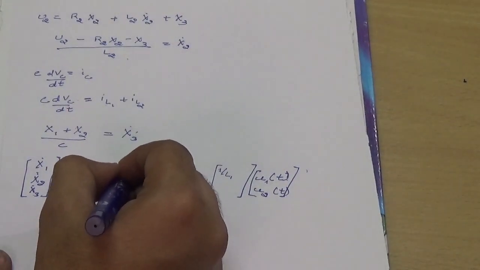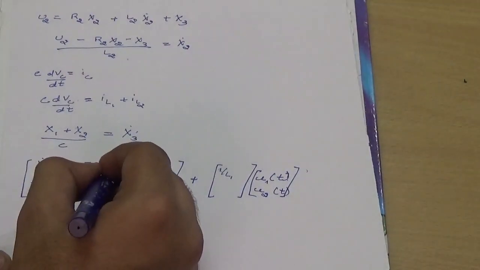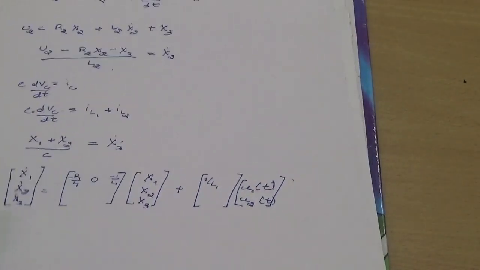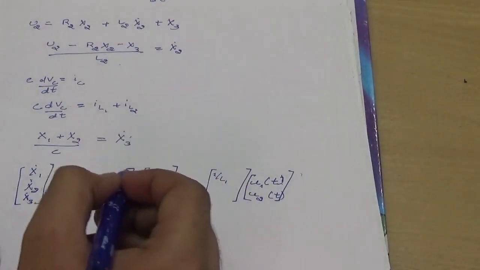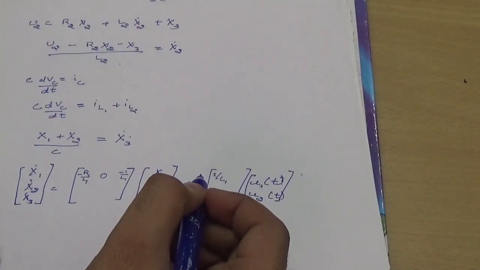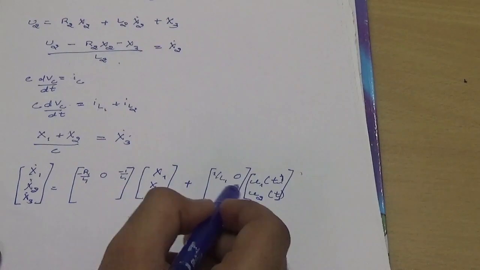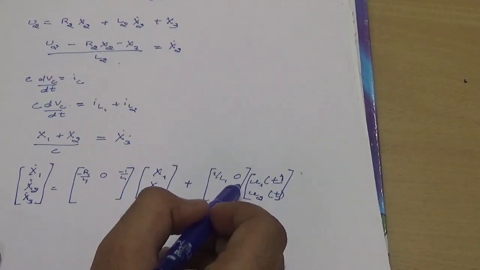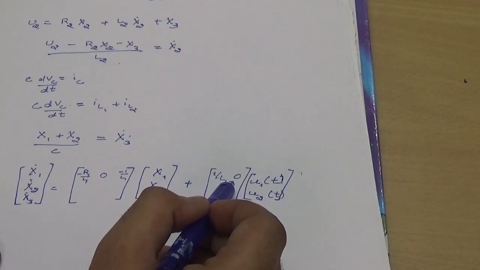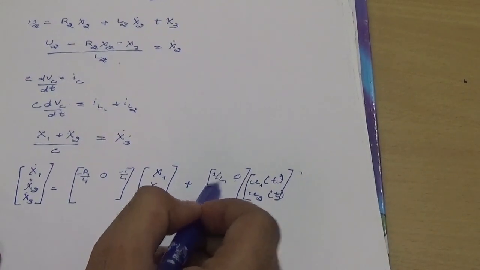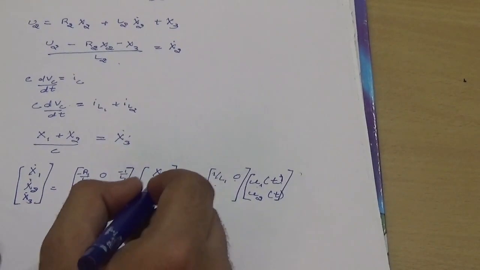So I write minus 1 by L1 over here. Since it does not have the x2 component, I replace it by 0. Now similarly I write for x2 dot. In the x1 dot expression I have obtained, there is an absence of u2, so I write 0 here, and 1 by L1, because u1 has the coefficient 1 by L1 in the expression obtained.